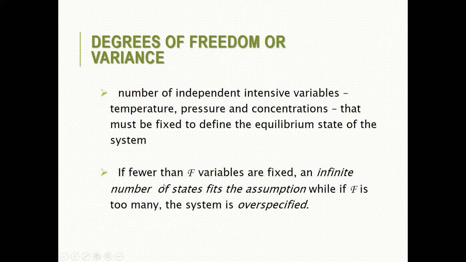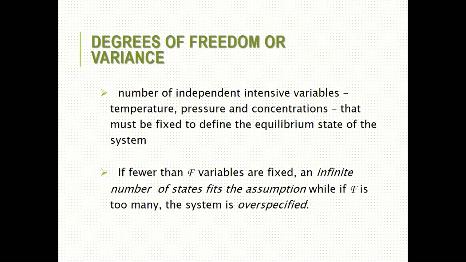Now, F, or the degrees of freedom, known as the variance, is the number of independent intensive variables, temperature, or could be pressure, and even concentration, that can be fixed to define the equilibrium state of the system. These are the number of intensive variables that need to be defined. That way, a system can reach what we call the equilibrium state.